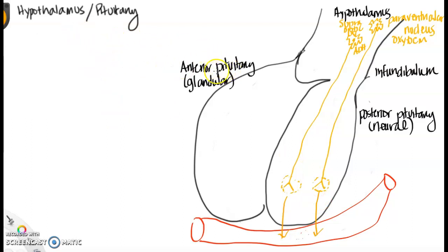So the anterior pituitary is different. It's glandular. Basically, the hypothalamus again has nuclei up here that contain neurons that synthesize something called releasing hormones.